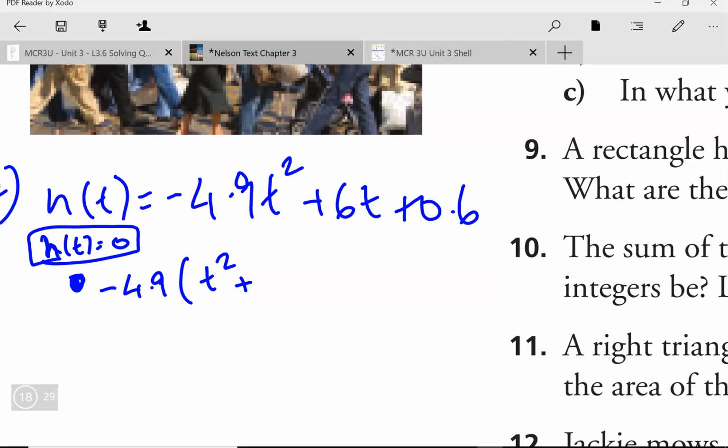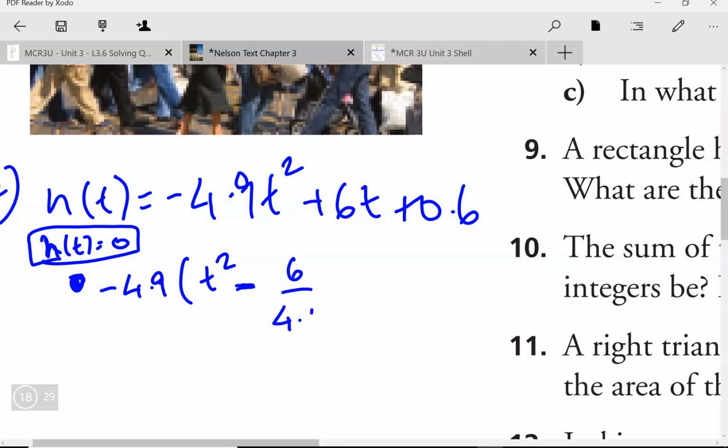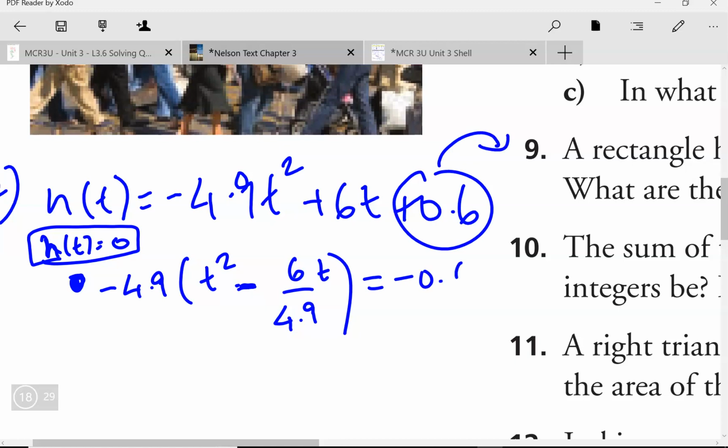Oh, that's absolutely disgusting. Okay, so first this becomes a minus. We're going to leave that as a fraction because it's weird. And I'm going to say equals 0, but I'm going to move the 0.6 to the other side like we did before. So it's going to be negative 0.6.